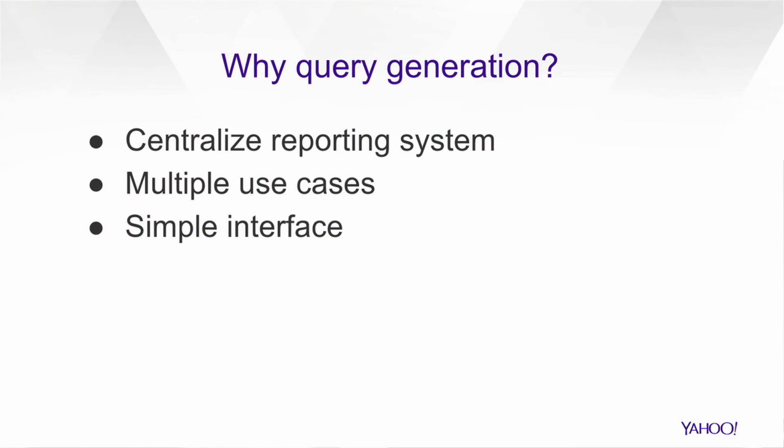So why query generation? What's the big deal? For our primary use case, it was to make it simple for our users to query the data that they needed. A simple interface.